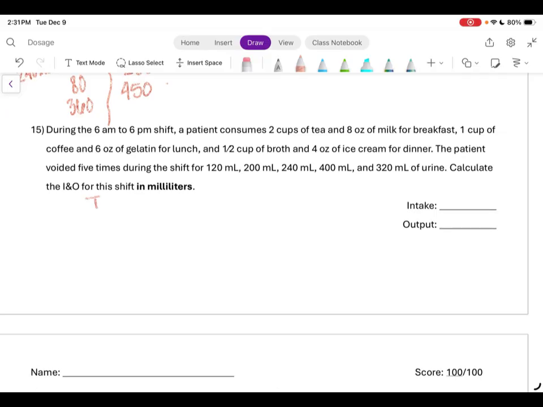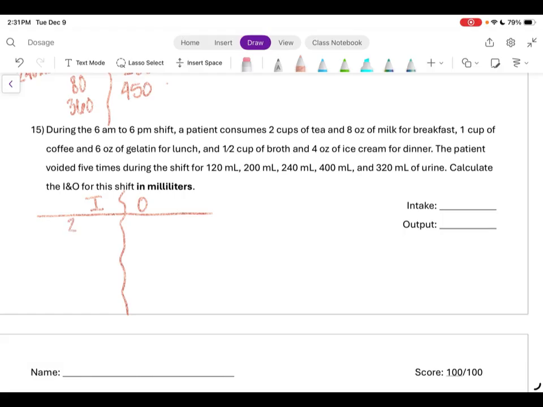Again, starting the same. All right, so this one is all in household measurements, so we're gonna have to convert a lot, but for now I'm just gonna write it down as it is.